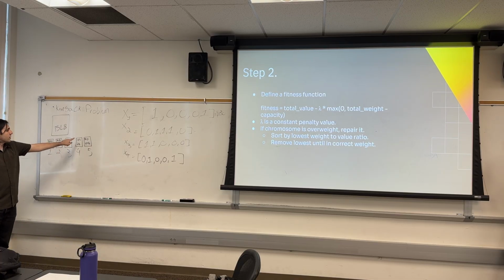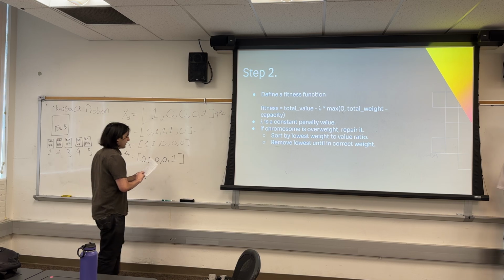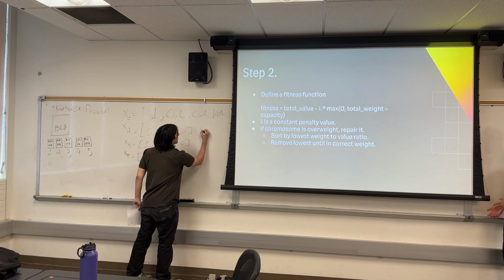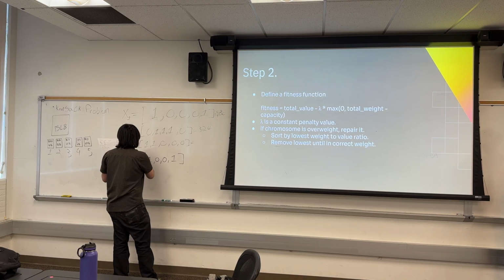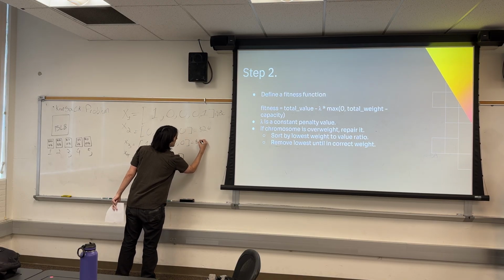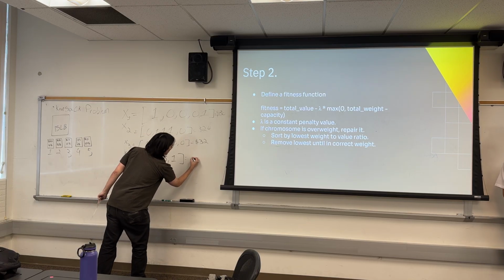Okay, moving on to the second one. It's the second, third, fourth item. That adds up to $24. Third one, it adds up to $32. And the fourth one, that adds up to $22.